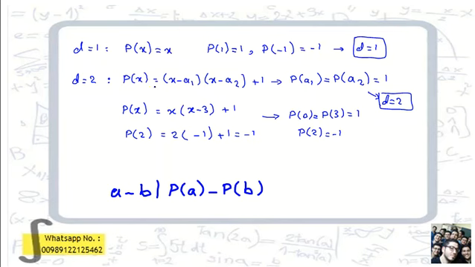Now let's check d equals 2. We want to say, for example, degree is 2, x minus a1 times x minus a2 plus 1. If we consider a1 and a2 are different integers, then p of a1 equals p of a2 equals 1.